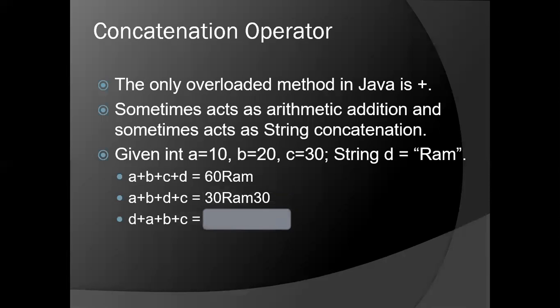RAM 60? No, it's RAM 10, 20, 30. What I told you: if an integer is added to a string, it loses the integral property. RAM 10 becomes a string. Oh, okay.